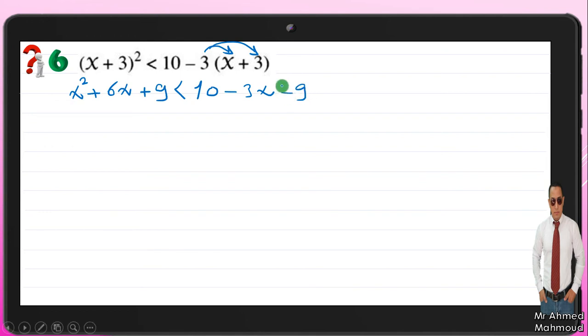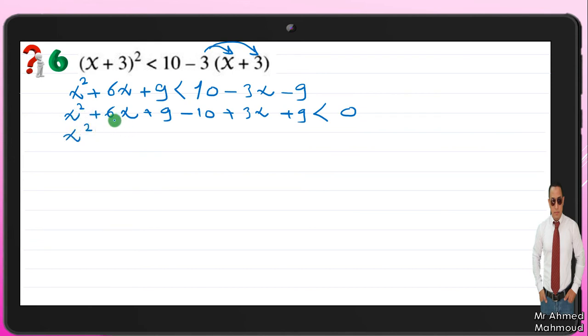I will switch the whole right side into the left side to be like this. x power of 2 plus 6x plus 9 minus 10 plus 3x plus 9, all less than 0. x power of 2 dropped down. 6x and 3x equals 9x. 9 minus 10 plus 9 equals positive 8, less than 0.